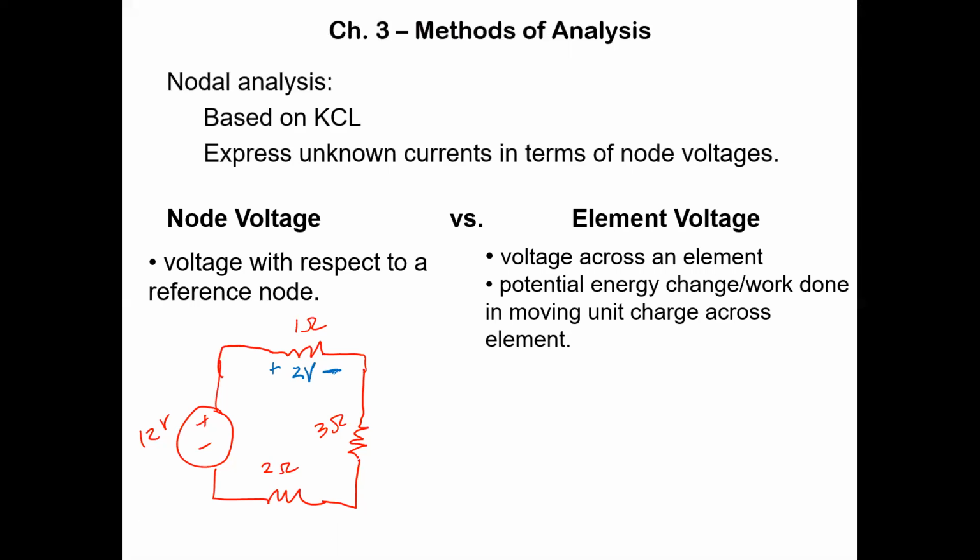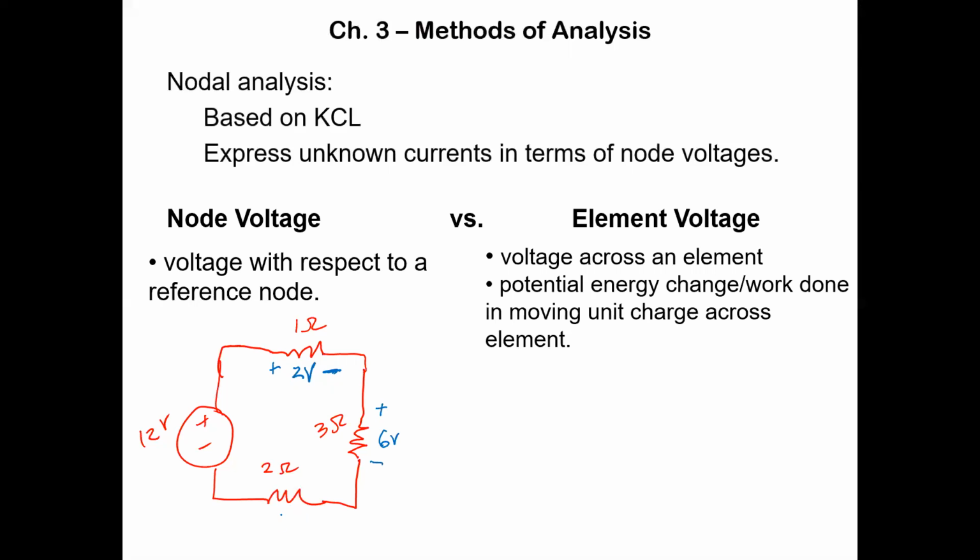Okay, what about the 3 ohm resistor? What's the voltage drop across that? Yeah, it's 3/6, so it's 1/2 of 12, so it's going to be 6 volts, right? And the plus sign is on top, right? Everybody agree? And the bottom resistor, what's the voltage across that? 4.